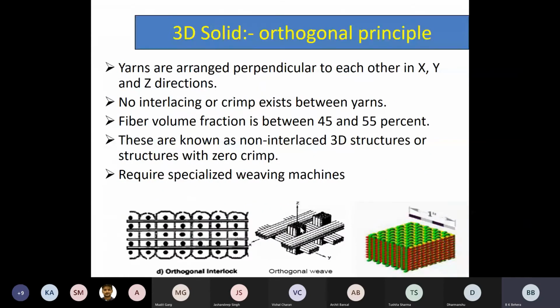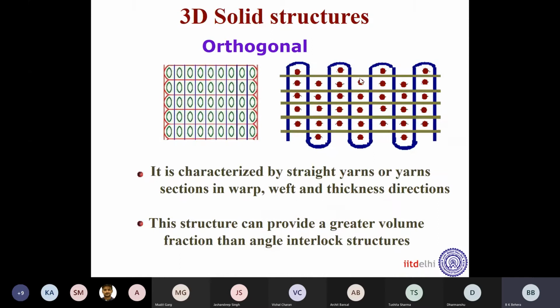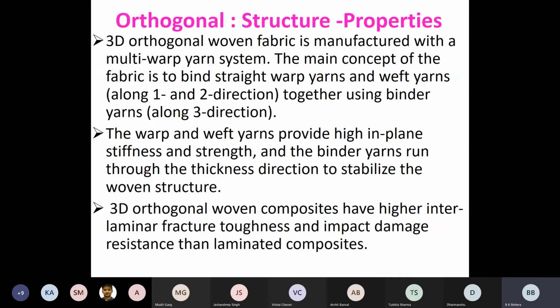So it is the binder yarn, here it is the Z yarn. Here it is the yarn which you see here vertically, or here this is the binder yarn. The role of binder yarn is to hold the structure. So structural stability is obtained by the binder yarn. That is what is written here. Thickness direction to stabilize the woven structure.